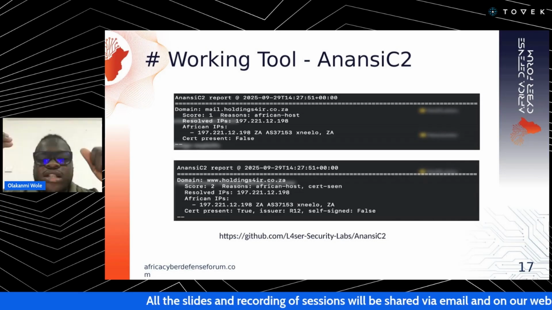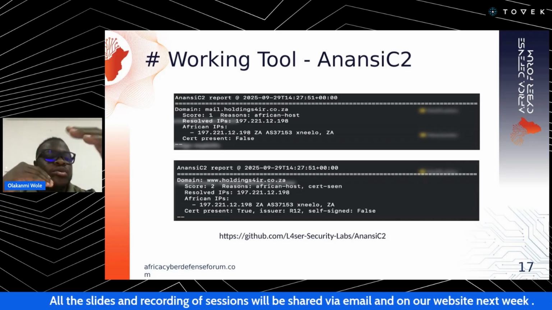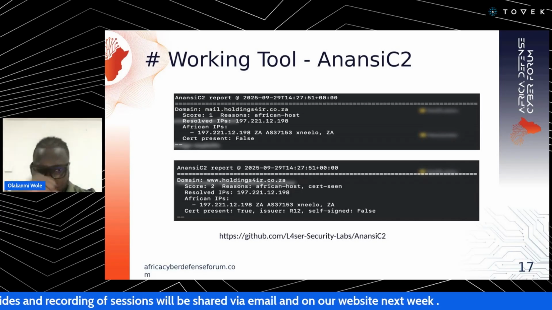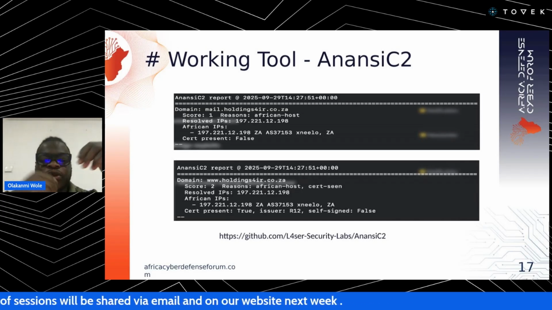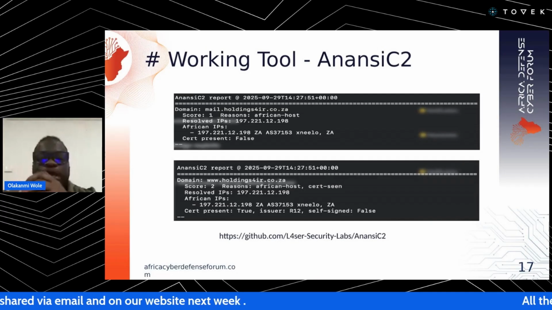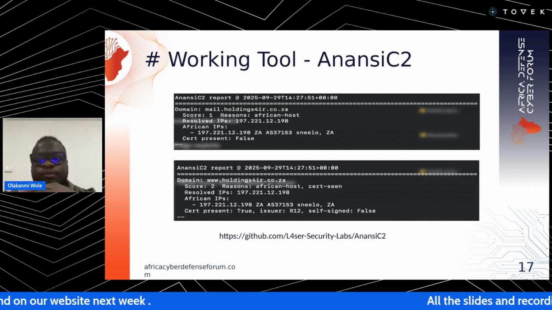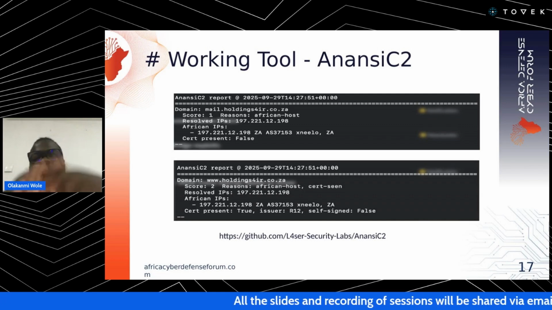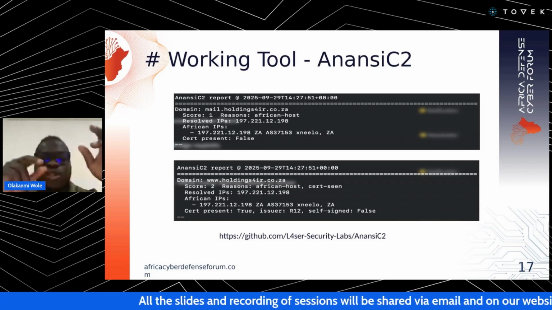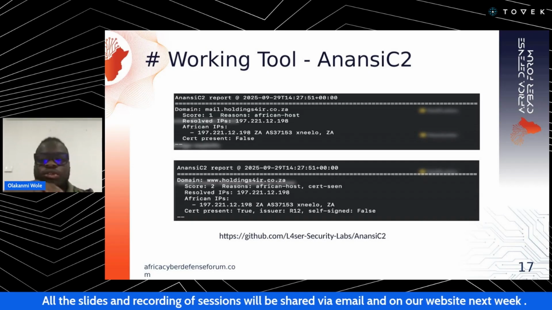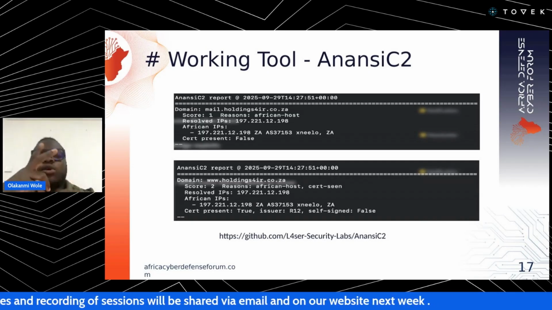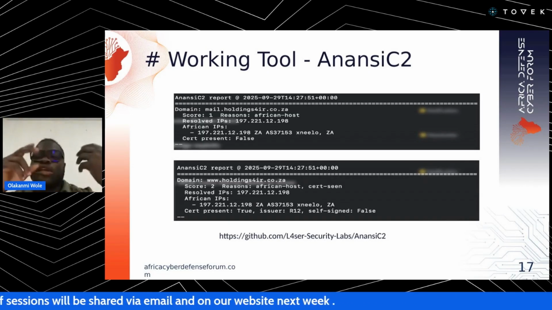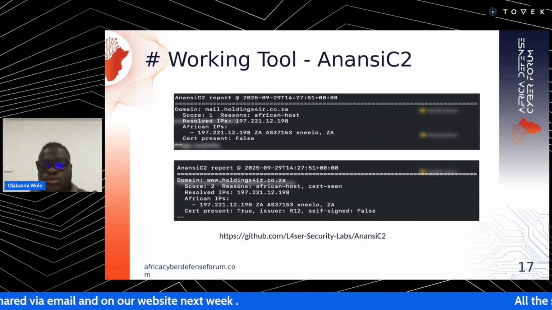Things like that. And I've now been able to assign weights to these metrics, to be able to score it and see which is potentially malicious or not, right? So I'll be pushing it up on GitHub very soon on the Anansi C2 repository, so you can star it or watch the repository, and of course in the future contribute also.